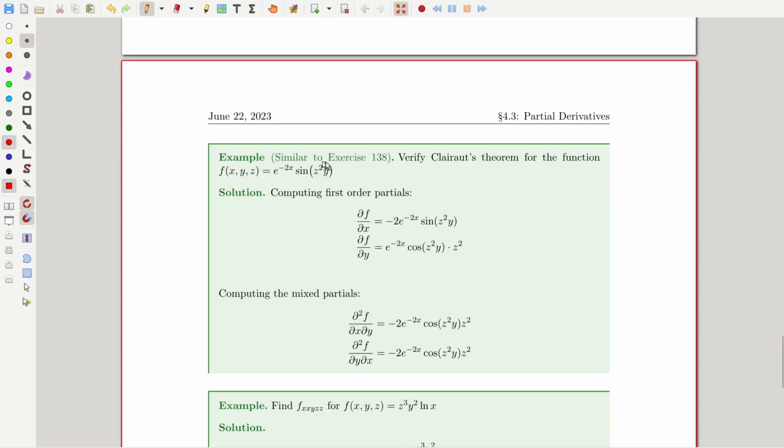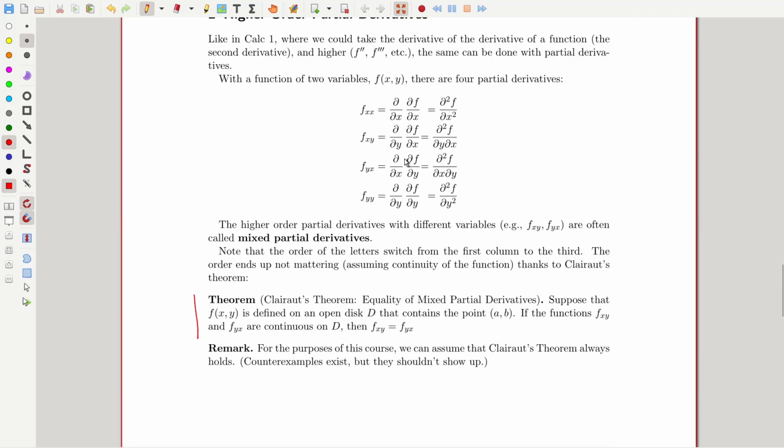So say you have this function, and the problem basically was asking to compute the mixed partial derivatives, the dy dx, or no, not dy dx. How do you say that?